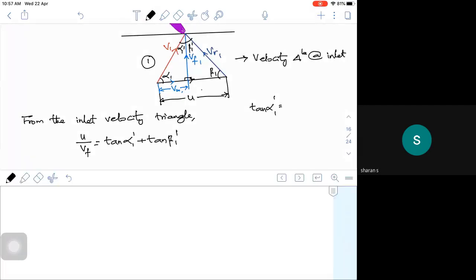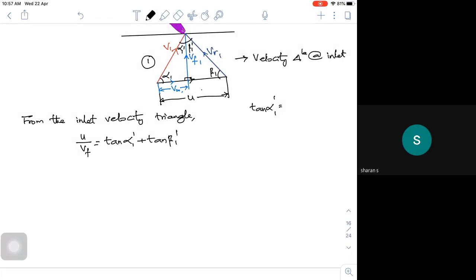And what will be tan beta 1 dash? It is the opposite side, U minus VW1, divided by VF1.